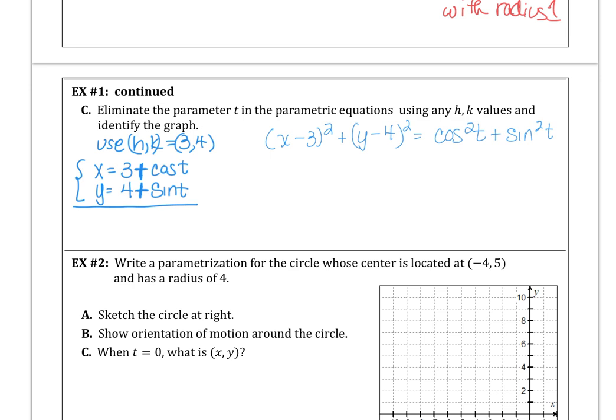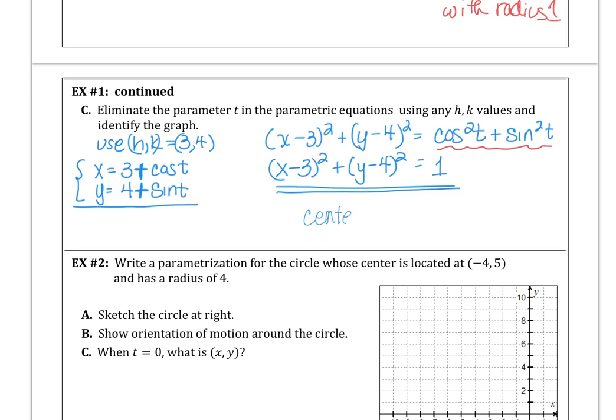We know that this identity, cosine squared plus sine squared, is equal to 1, and that produces our Algebra 2 common formula for the equation of a circle, where the center is at 3, 4, and the radius is the square root of 1, which is 1.